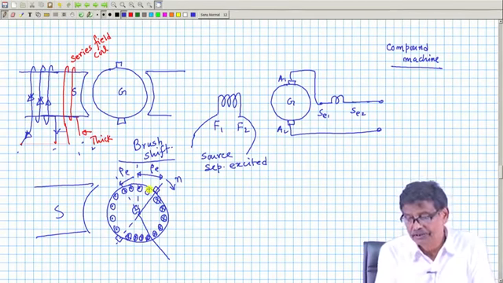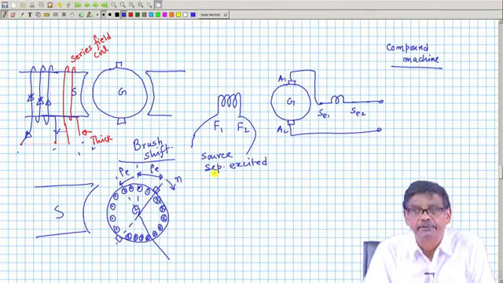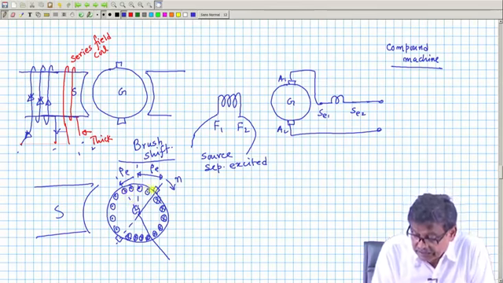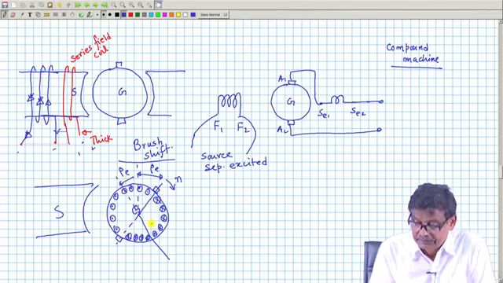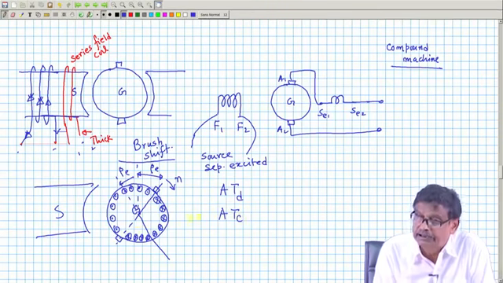So, I have given a shift in brush, and beta E means in electrical degrees I have given. Then I see that this armature has both demagnetizing ampere turns as well as cross magnetizing ampere turns. That is what I did.